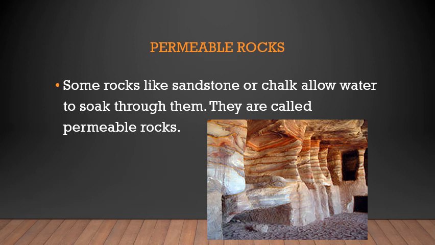Then permeable rock. Permeable rocks means some rocks like sandstone or chalk allow the water to soak through them. They are called permeable rocks. If you take a small piece of chalk and dip it in the water, you can see that the chalk piece can soak water through them.